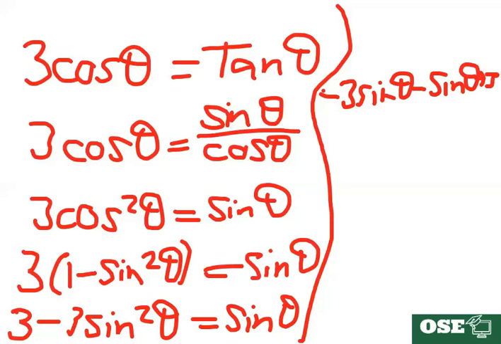And then how do you solve for it? Sorry, ma'am, I think I'm wrong. I forgot the square. I think we have to divide both sides by sine theta.